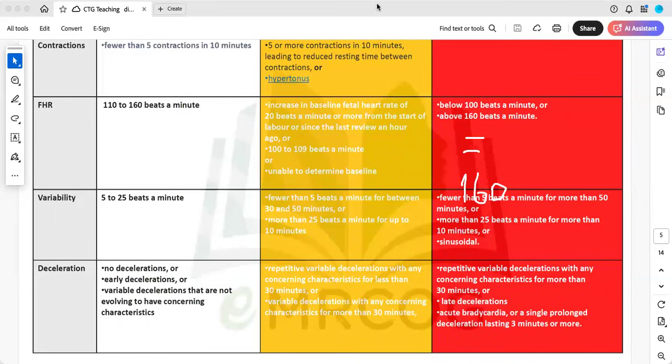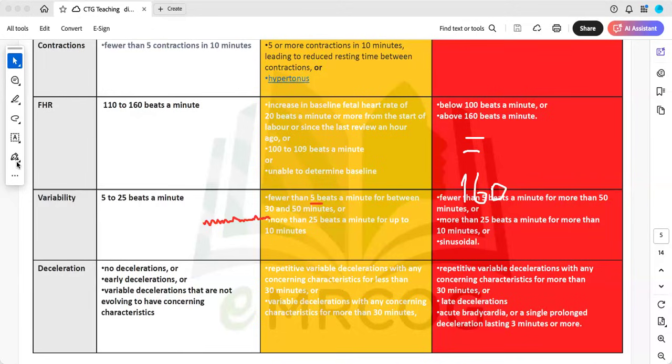A normal variability ranges between 5 to 25 beats a minute. And if it is less than 5, this would be called reduced variability. So it will be like this. I will show you later on a picture of the CTG with reduced variability.